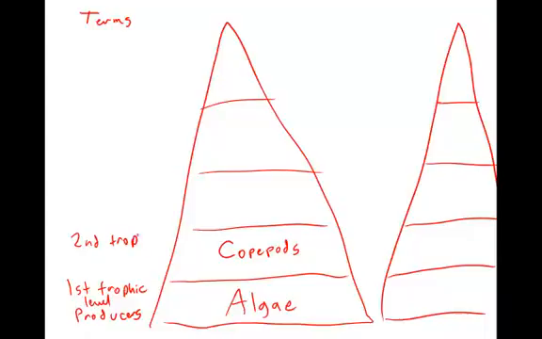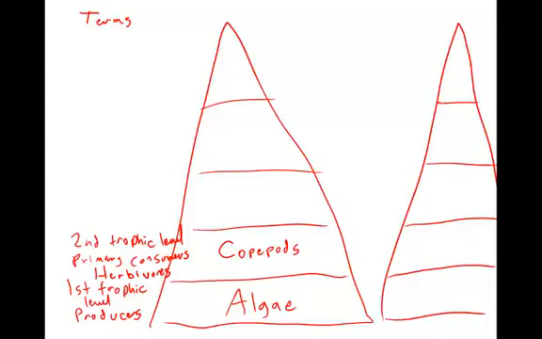Remember, trophic means feeding. And these are, of course, what we call primary consumers, because these are the first consumers. And because they're the primary consumers, are eating the producers, which are typically plants. Therefore, primary consumers are often called herbivores. Herbivores.